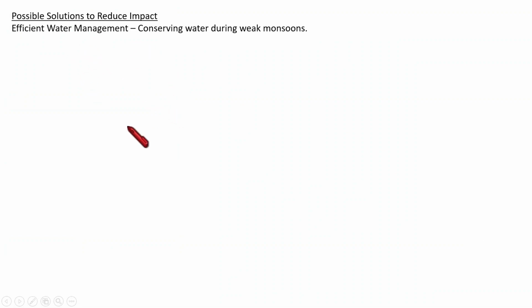Then how can we reduce the impact? By implementing efficient water management. That means during a weak monsoon we need to conserve water. We have to develop some system and implement some planning to conserve water.